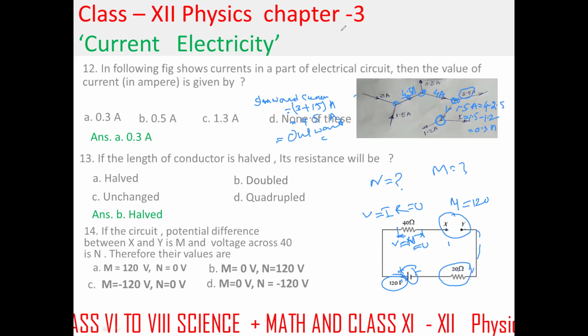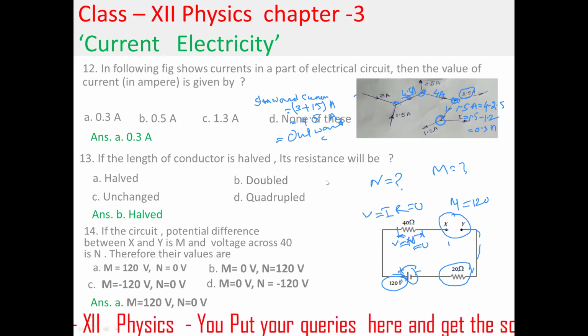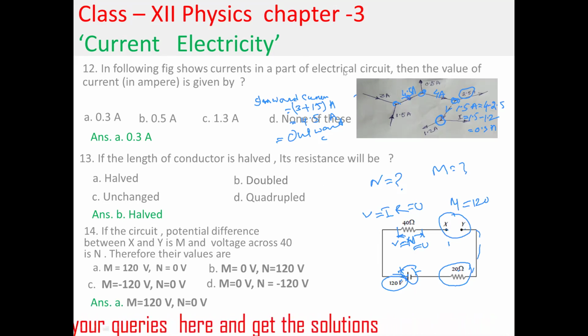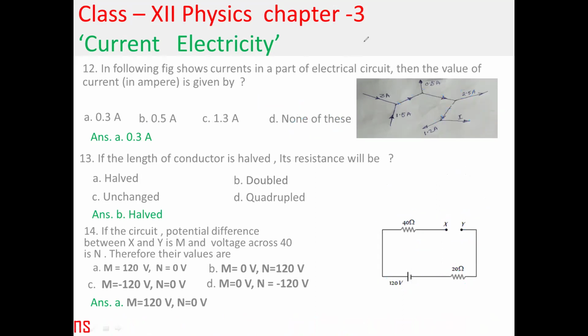So the answer would be M 120 and N 0 volt. Okay, I'm again telling you, if you have any doubt, please put this in the description. I will get back to you. Now let's go to the next question.